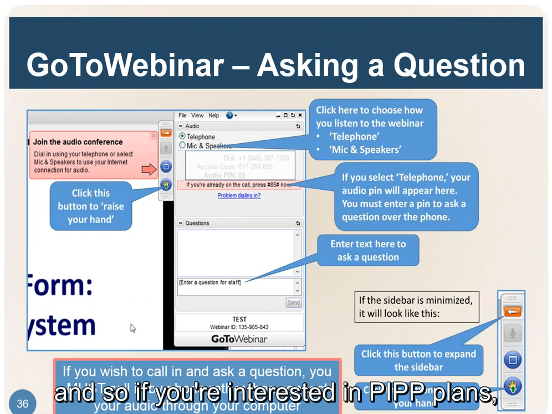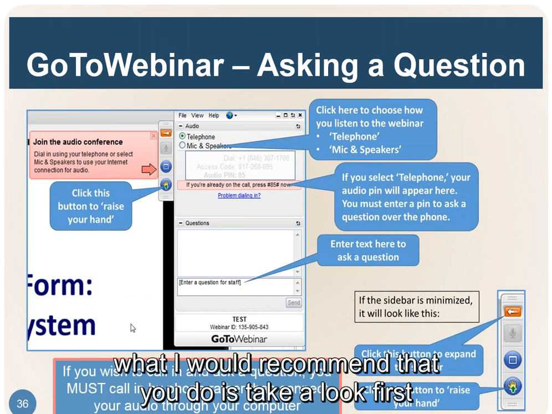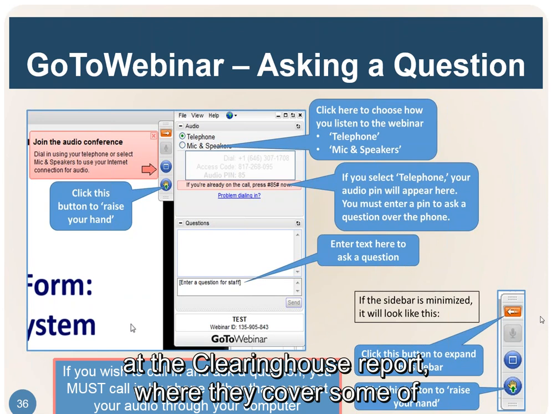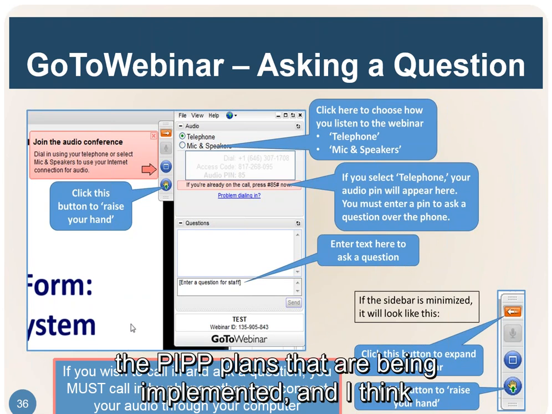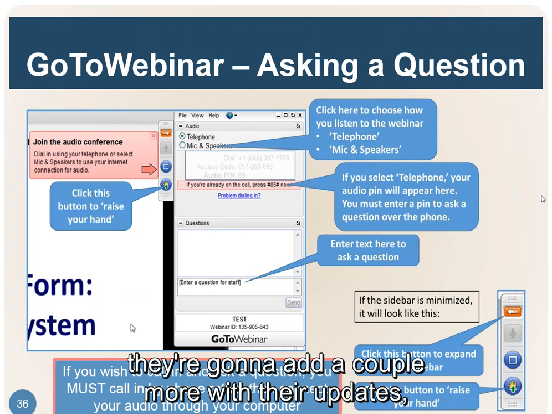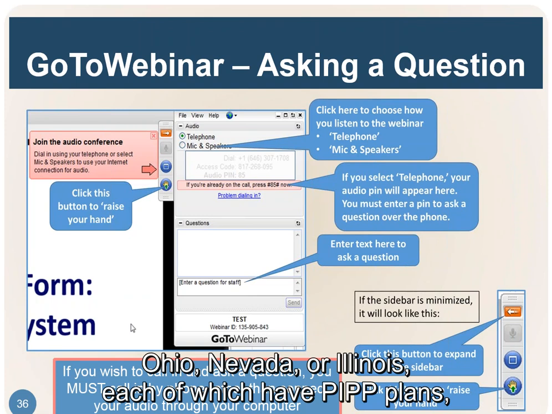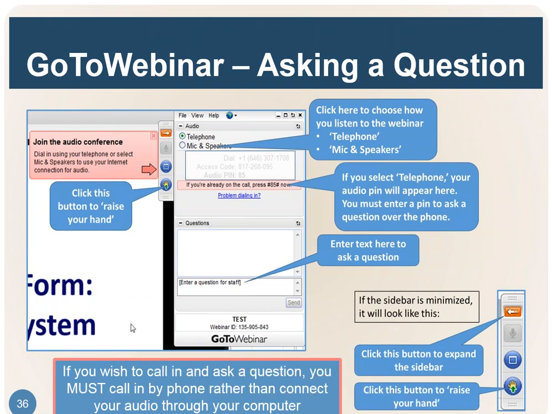And so if you're interested in PIP plans, what I would recommend is that you take a look first at the clearinghouse report, where they cover some of the PIP plans that are being implemented. And I think they're going to add a couple more with their update. Or you can contact people from New Jersey, Ohio, Nevada, or Illinois, each of which have PIP plans.